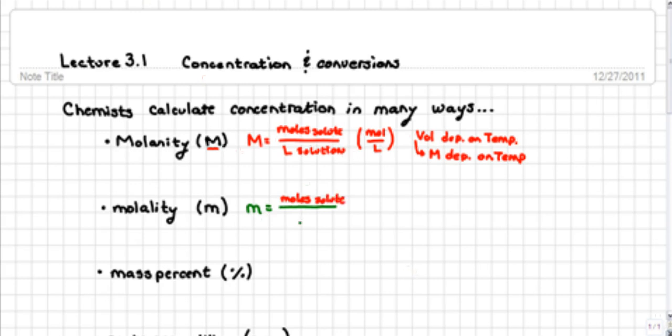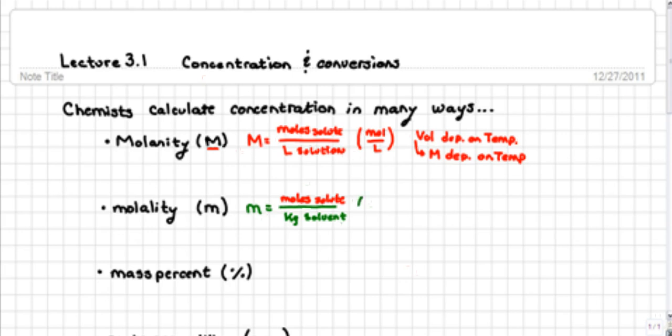However, in the denominator of the fraction, we instead have kilograms, a mass unit, not a volume unit, but kilograms of the solvent. An important distinction here is that not only are we in kilograms, but we are also referring to the solvent. And the solvent is only that part of the solution there in an excess amount, oftentimes the water, not the solute. So two very important differences.